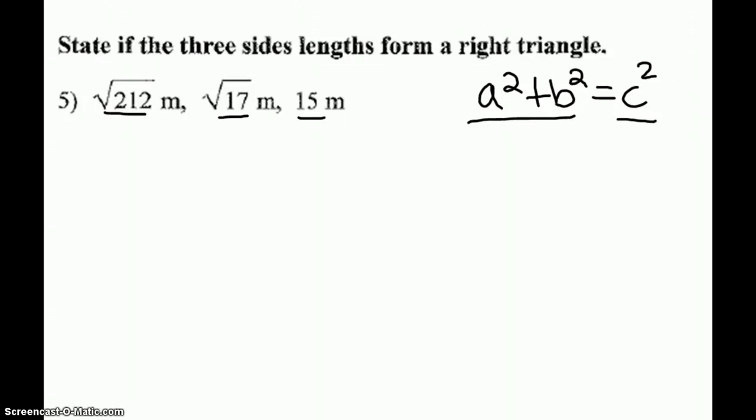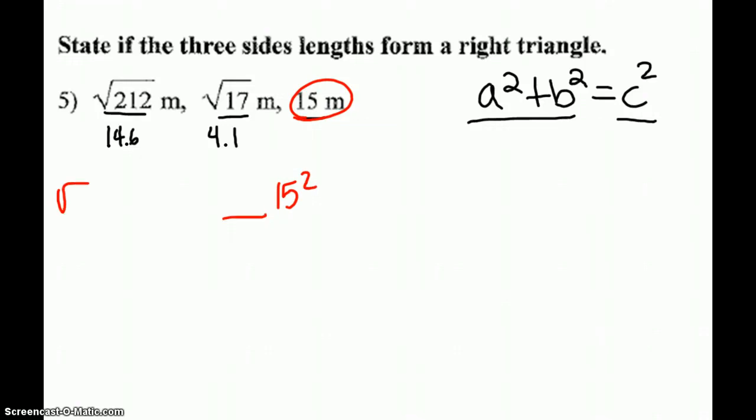I am going to use my calculator to tell me approximately what the square root of 212 is. And it's about 14.6. Then I'm going to do the same thing with the square root of 17, and I get 4.1. So looking at all 3 of these numbers, this has to be my biggest number. So that has to go into the C spot.